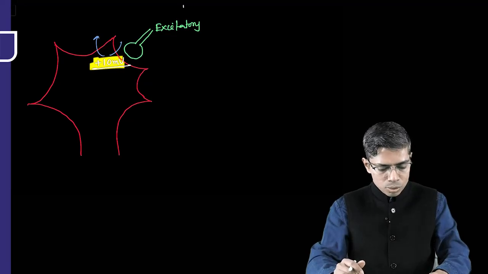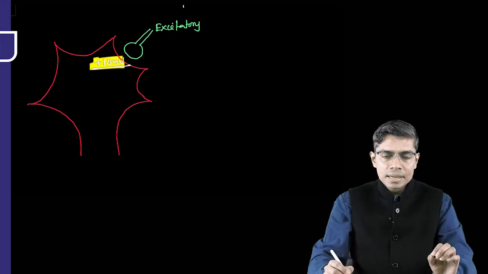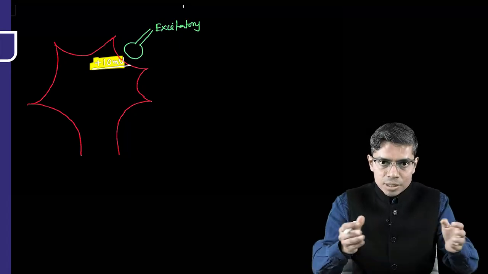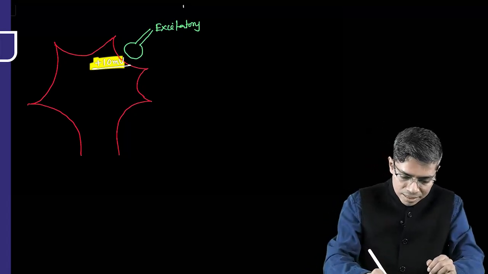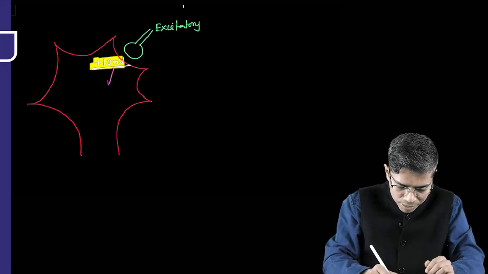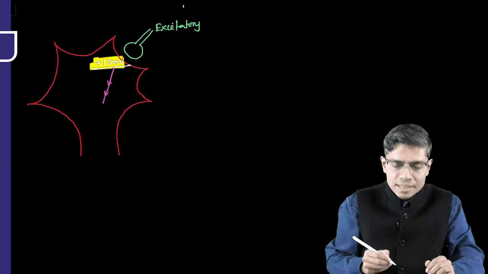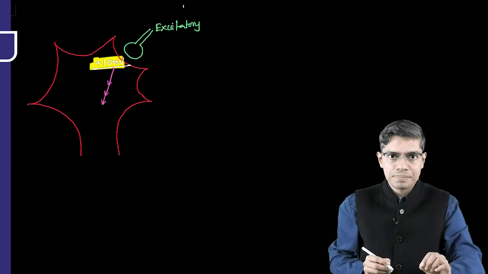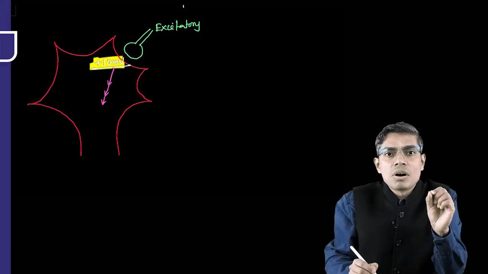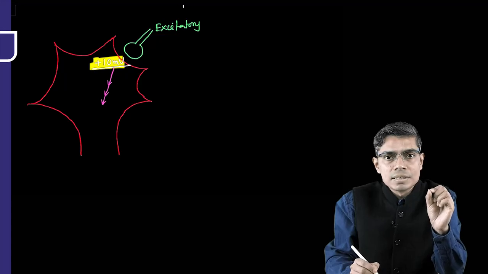Whenever the local potential tries to move from one area to another, there will be gradual decrement. And there is a definition of the distance at which the local potential is reduced to 37% of the original voltage.